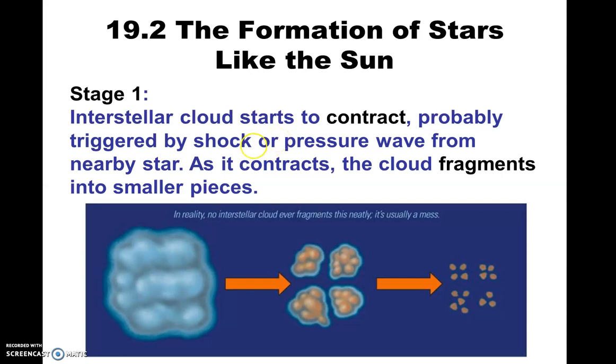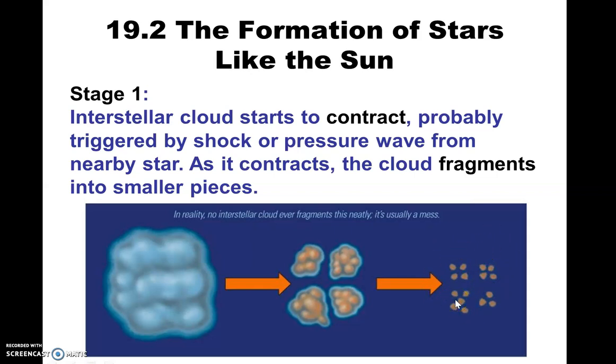So over time, as the cloud begins to collapse, it fragments. This is actually a really important step: the cloud will break into fragments, and even the fragments will break into smaller fragments.